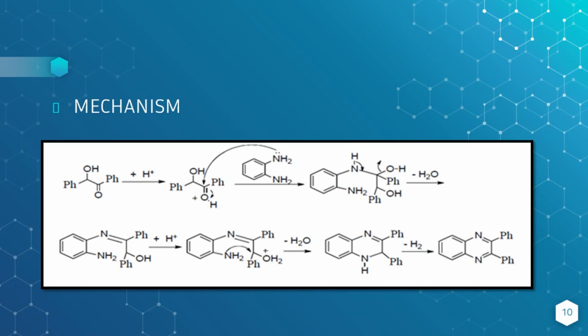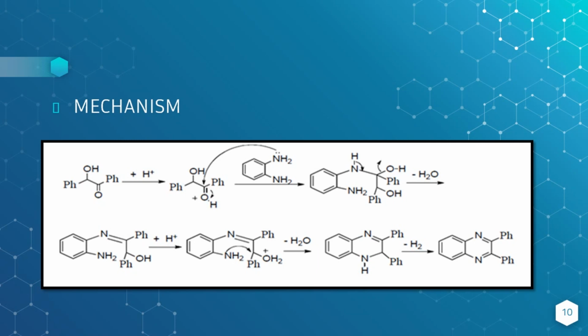It is going to attack the first carbon, which is followed by removal of a water molecule. In the next step, again, the second nitrogen of the orthophenylene diamine, its lone pair is going to attack the second carbon of the benzil as it is electropositive. Again, this is followed by the removal of a water molecule.